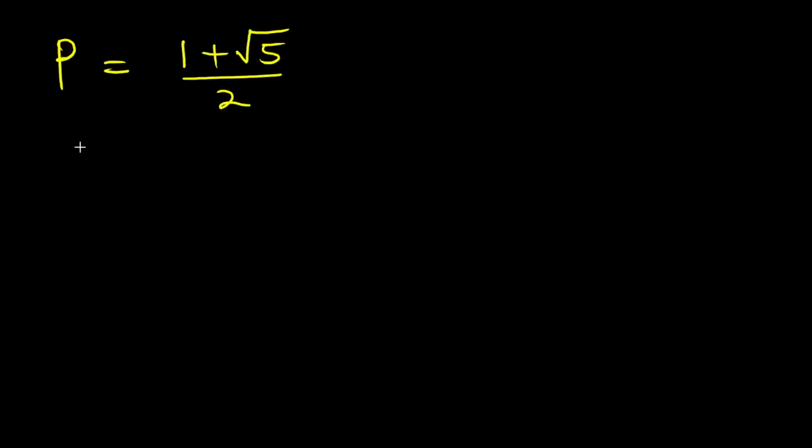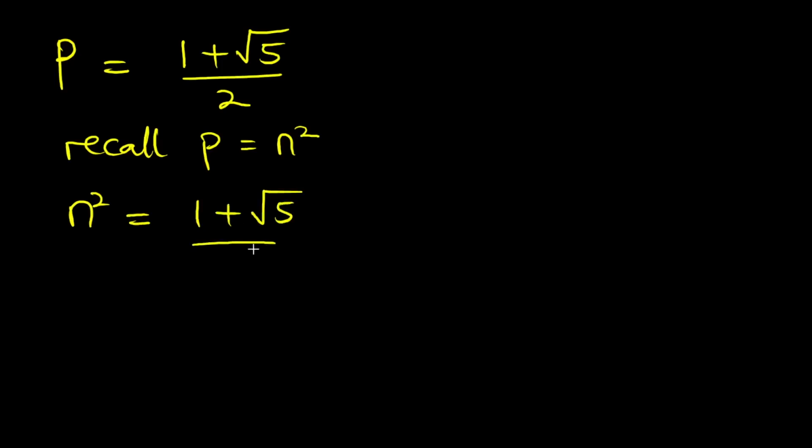Now recall that p was equals to n square. So I can say that n square is equal to 1 plus root 5 all over 2, where n is equals to, we are just going to take the positive square root of this number, 1 plus root 5 over 2. You can use your calculator to simplify this.